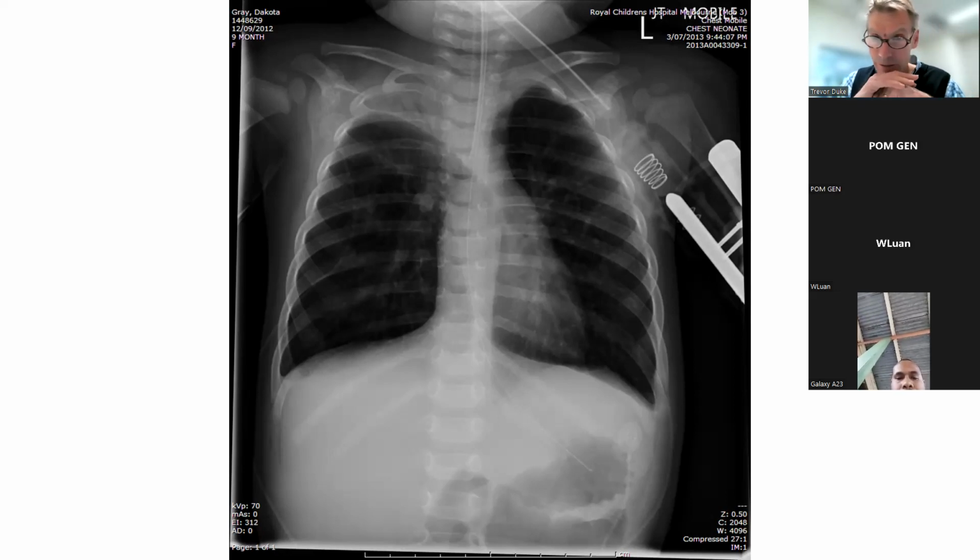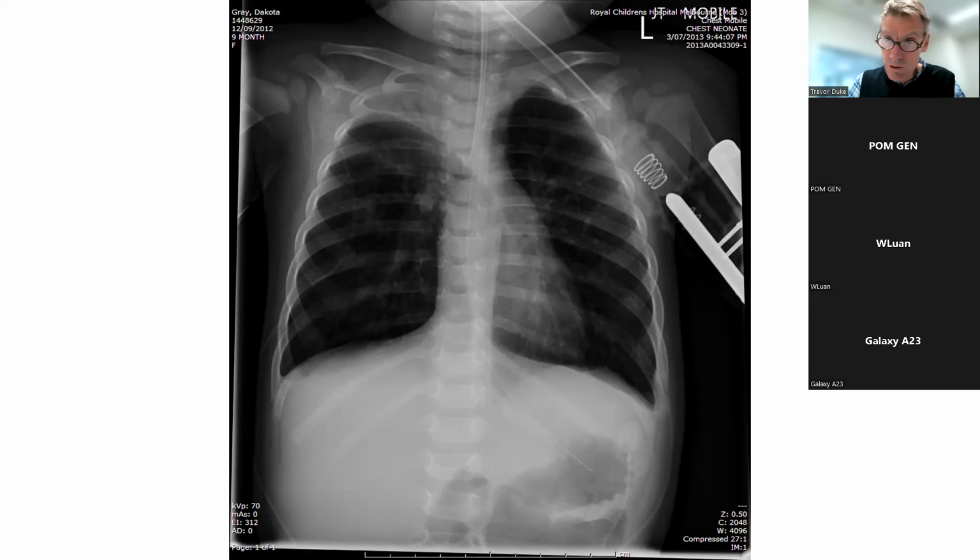Air trapping. Yeah, air trapping, which is over-distension of the lungs. That's right. So gas trapping, or a pneumothorax, or an overexposed film. But there's one other reason, which is not the case in this child, that I want you to think about when you see really black lung fields.